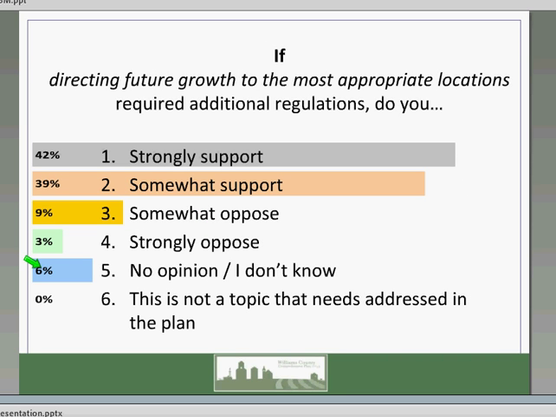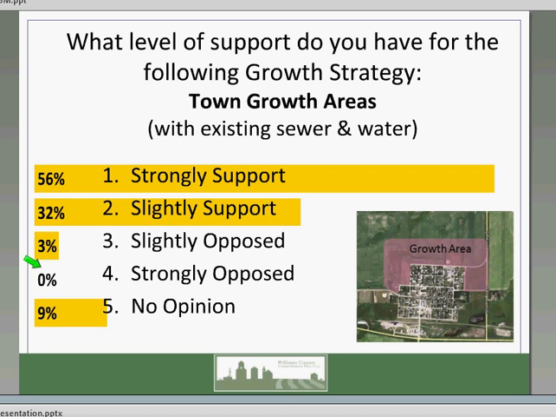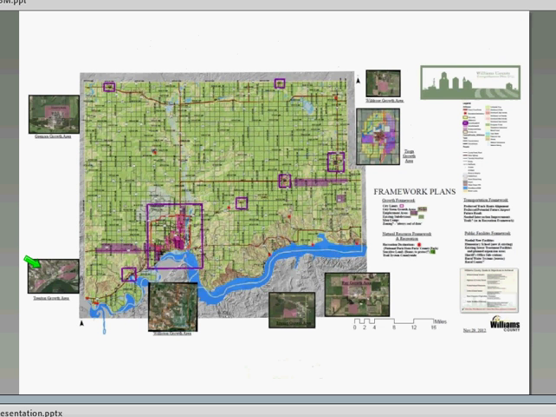Even if regulations are required in order to direct growth, there were huge levels of support for directing growth to the most appropriate places, and a huge amount of support for this growth area concept that synchronizes market forces with the community design. So, demonstrated support by all those participants, and it was unanimously adopted by the county commissioners, and they're using this today.